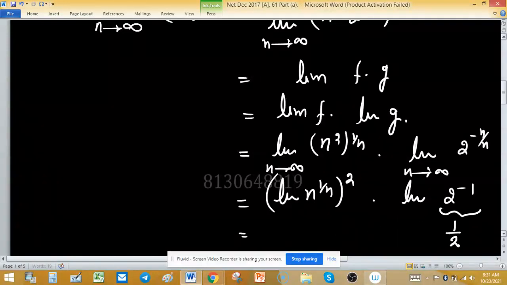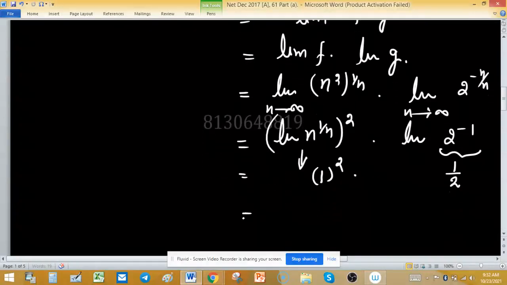This limit will be 1 upon 2, because the multiplicative inverse of 2 is 1 upon 2, and we know that the first limit is equal to 1, so 1 squared. So we have 1 into half, and this is equal to half, which is less than 1. So by the root test I can say this series is convergent.